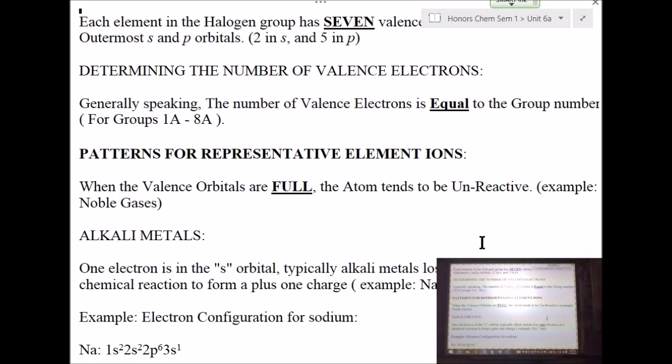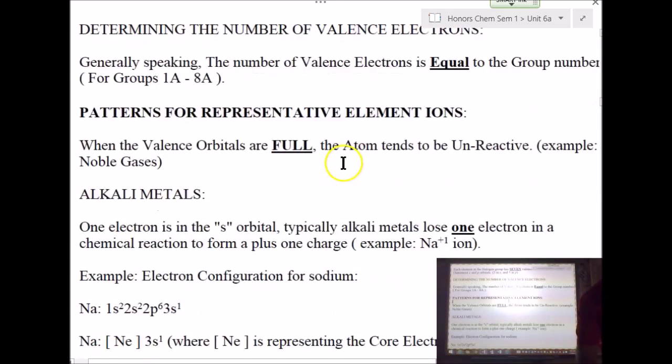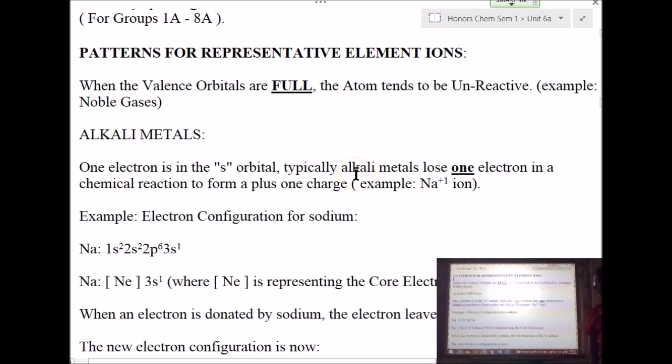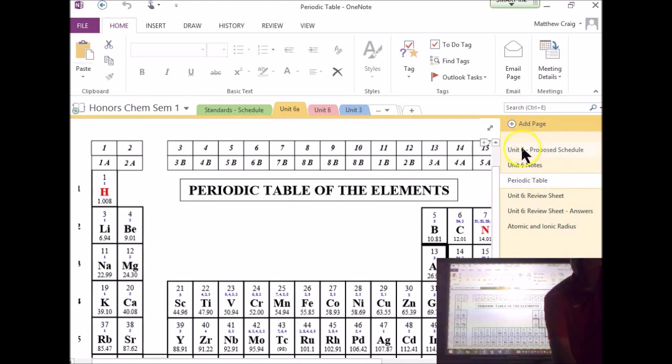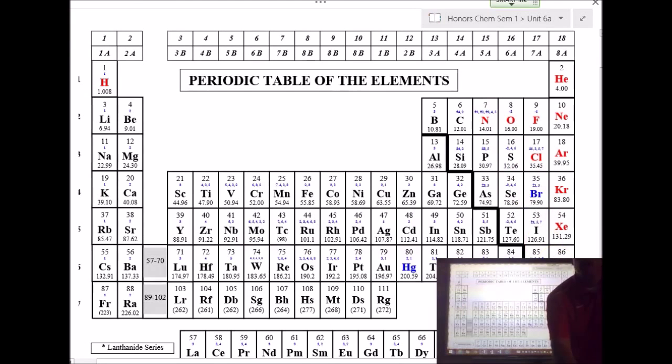All right, so now looking at ions that are formed, and again, we're staying with the representative elements. Let me go back to the periodic table and let's talk about the ions. If you zoom in, you might be able to see the charges on there.